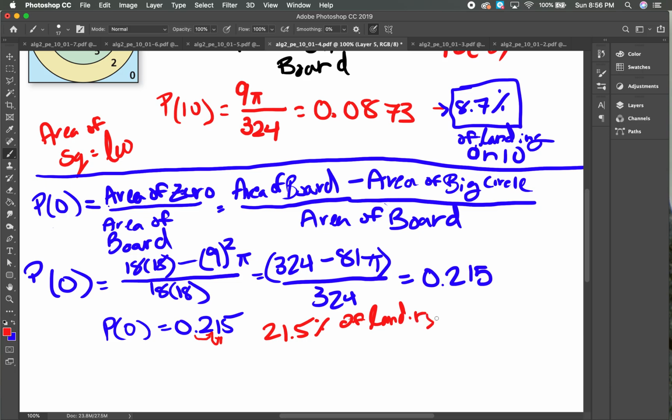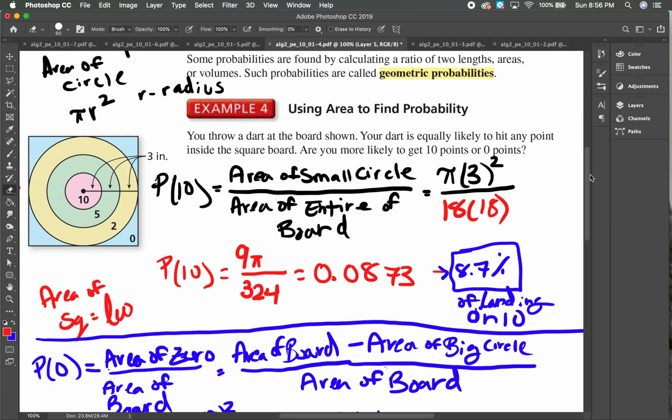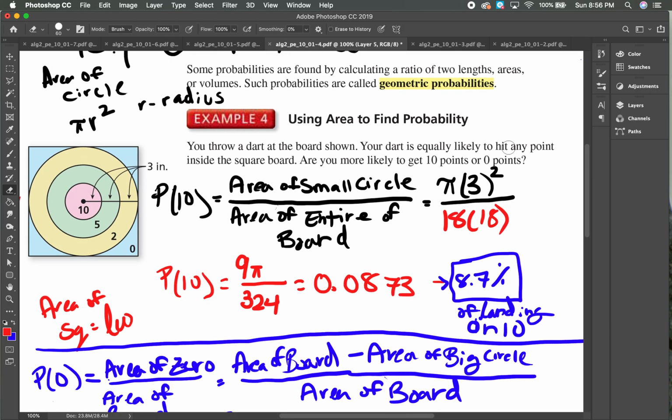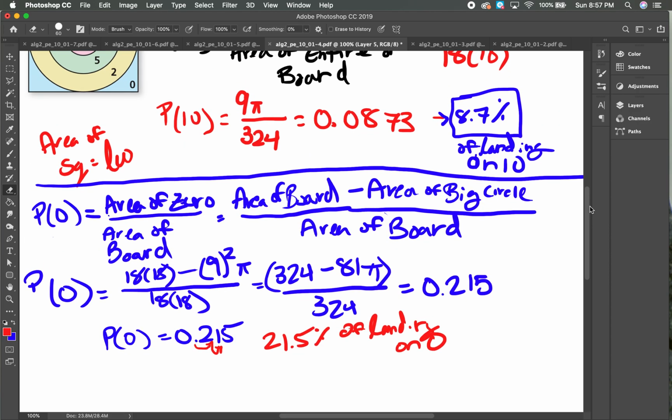landing on 0. Looking at this, if we're assuming that the board is just as likely to fall in any place as any other place, no matter how good of a shot I am, then we can compare the two.